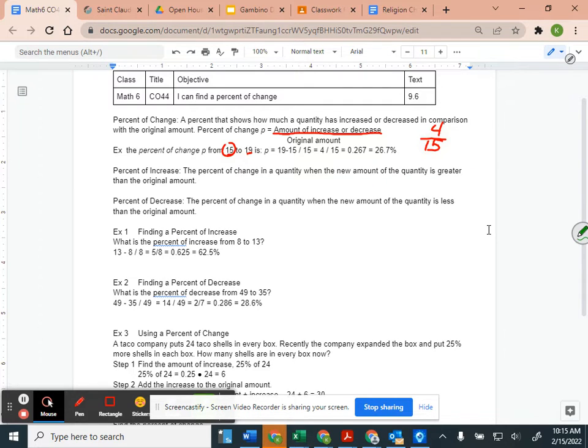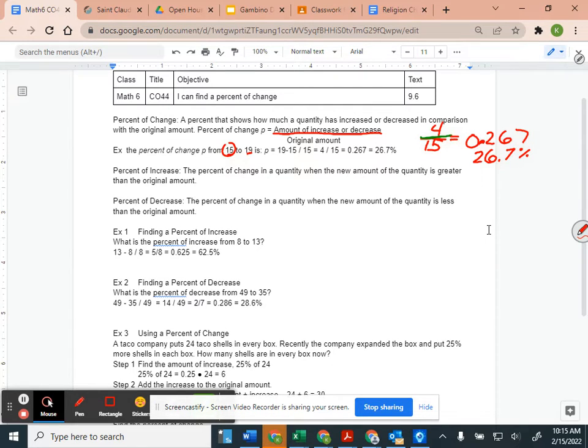Remember that fraction bar means divide. So we want to do 4 divided by 15, and we get our decimal, 0.267. We can turn that decimal into our percentage. 26.7%.